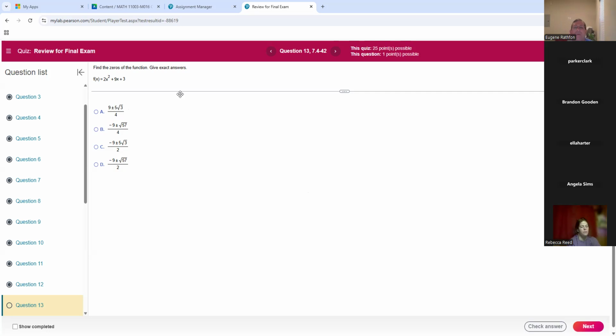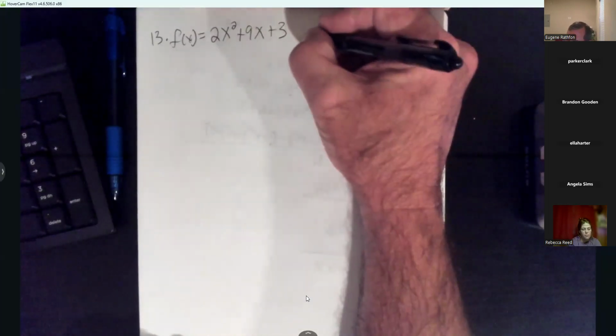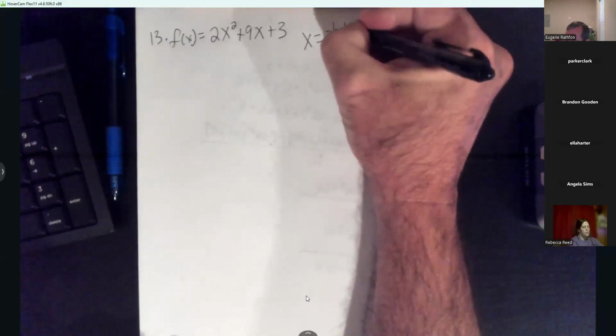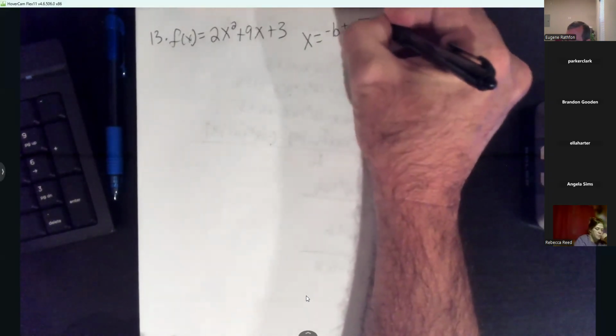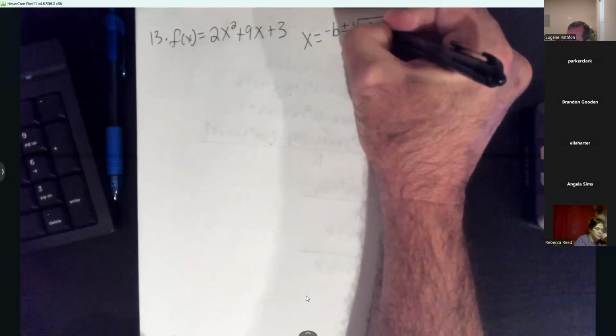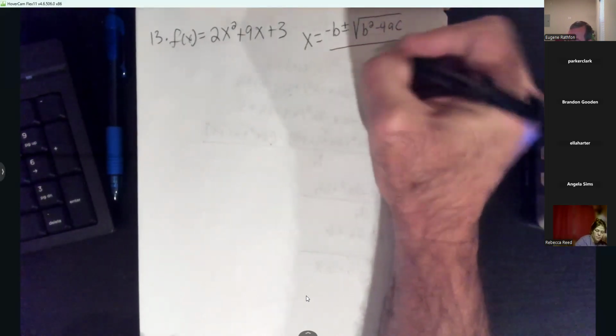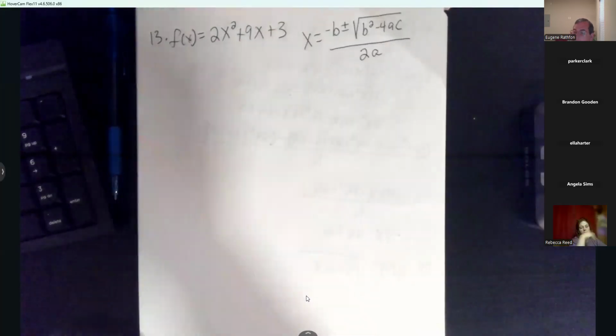So let's work this out, and then we should get one of them 4 answers there. So we're using the quadratic formula, x equals -b plus or minus square root b squared minus 4ac all over 2 times a.